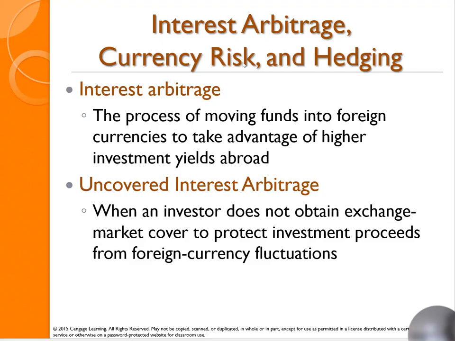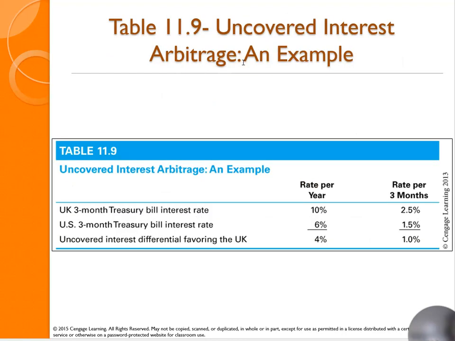Uncovered interest arbitrage is when the investor does not obtain the exchange market cover to protect the investment proceeds because of the potential for foreign currency fluctuations. So here's an example of an uncovered interest arbitrage. You have the United Kingdom's 3-month Treasury bill interest rate and the United States 3-month Treasury bill interest rate.